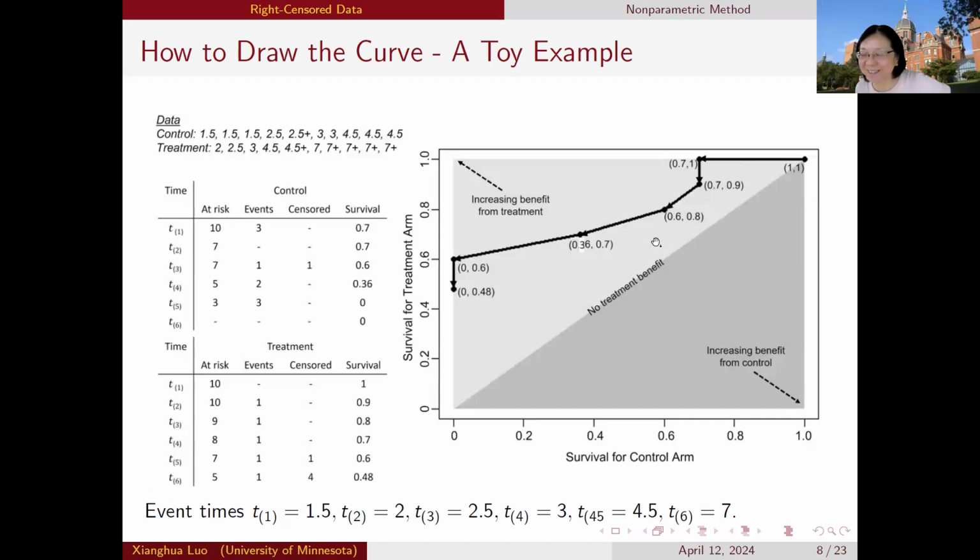In this case, it's very ideal, right? You have a complete ROC curve, meaning that if you keep drawing, it should reach 0,0. So the curve is complete from 1,1 to 0,0. But in some other cases, I will show one example, a bone marrow transplant data example, because of the heavy censoring, you cannot reach this point, so the integration of the estimated curve is not necessarily a good measure of concordance.